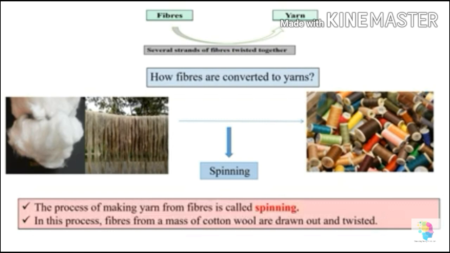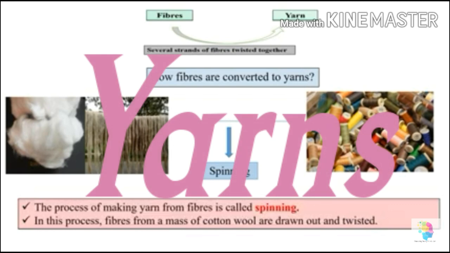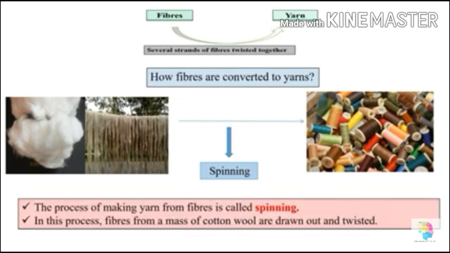It is one of the most ancient arts. For thousands of years, yarn was spun by means of a hand spindle, that is takli. The machine name is takli. In this process, fibers from a mass of cotton wool are drawn out and twisted.